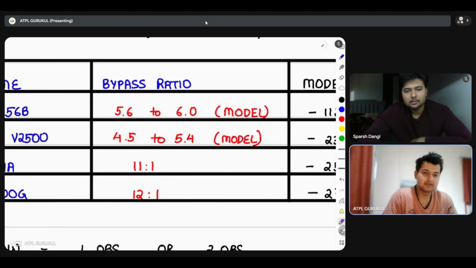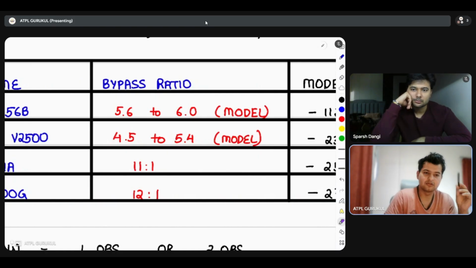You can look up Wikipedia or IAE's website, search that particular model number, and they will give you the bypass ratio for that exact submodel, but it lies in this range. If you have to give an average, it would be 5 to 1. For this it will be 5.5 to 1.